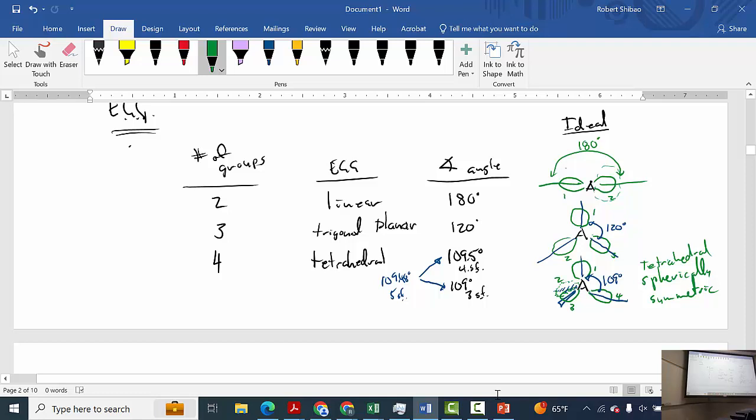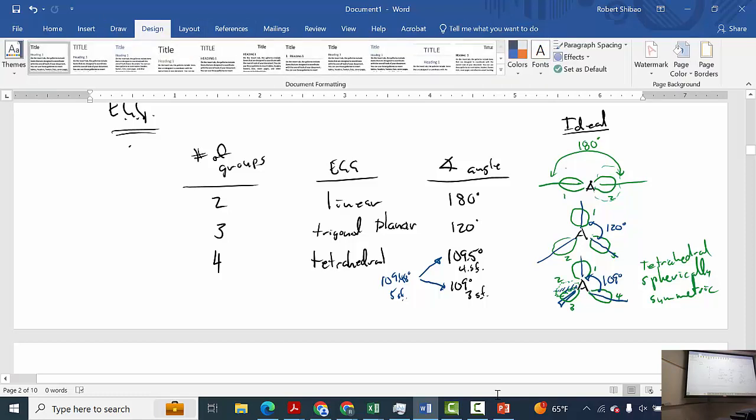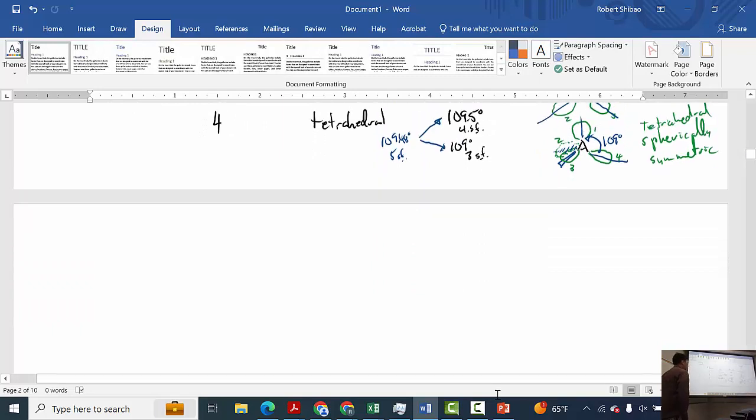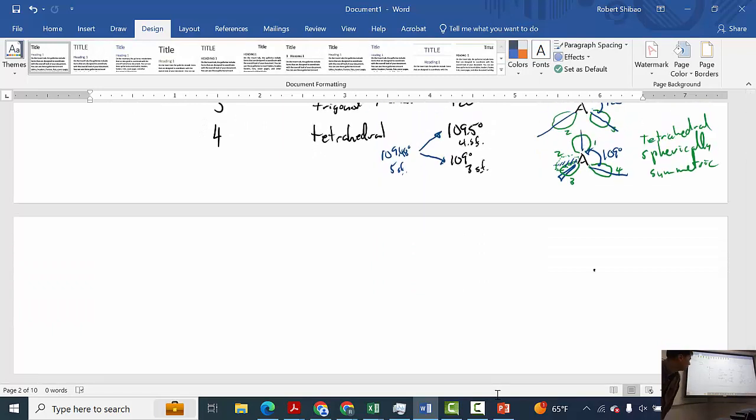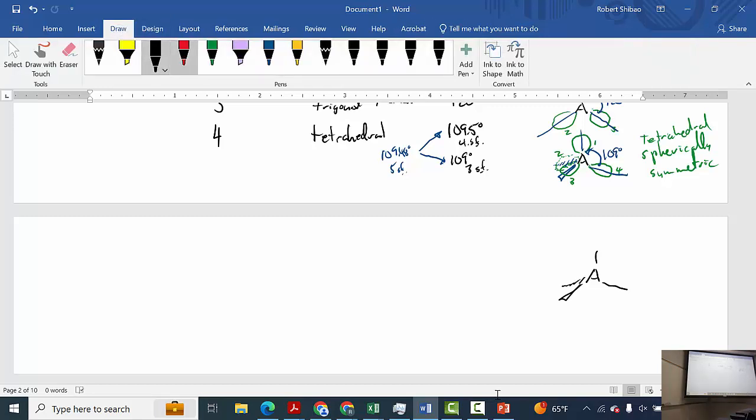Now, tetrahedral means four-sided polygon. Four-sided polygon. The way you get a four-sided polygon from this is by connecting the vertices.